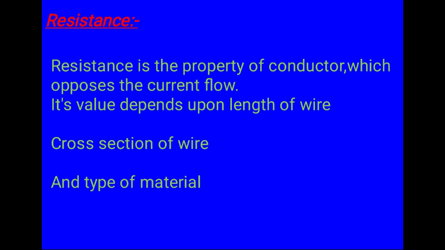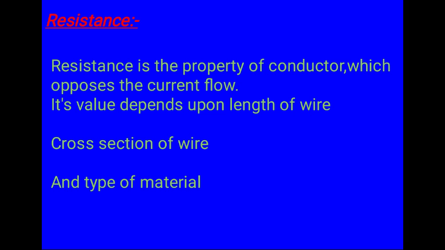Resistance is the property of a conductor which opposes the flow of current. Its value depends on the length of the wire, the cross section of the wire, and the type of the material. As the length of the wire increases, the resistance of the wire also increases.